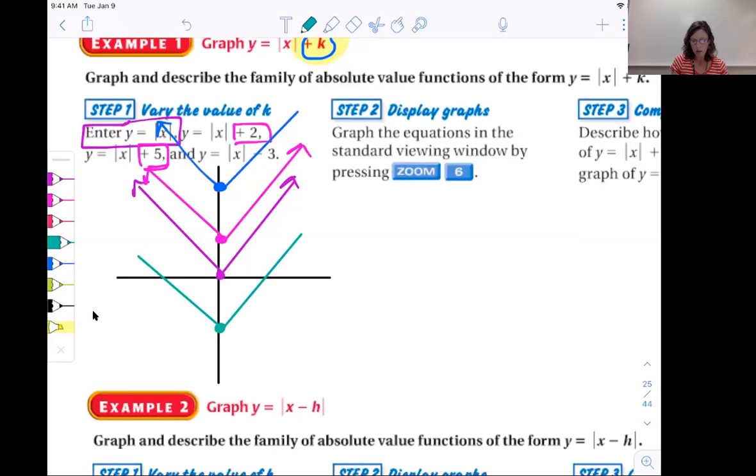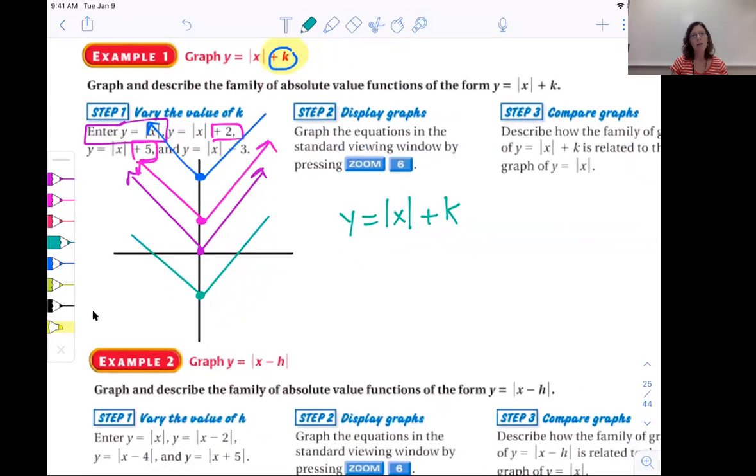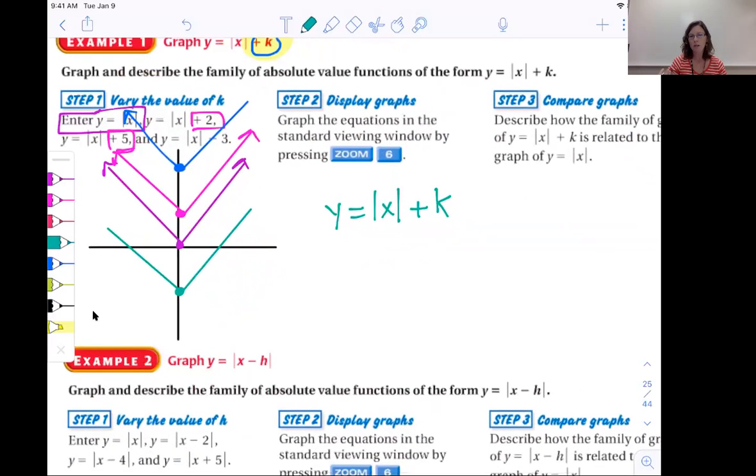But the key thing is to think about what happens with it. So I'm going to write in general over here because we're going to be using this today. When I have a plus k, so a plus 3 or a plus 2 or a plus 5, that graph moves up the y-axis by whatever number that k is.